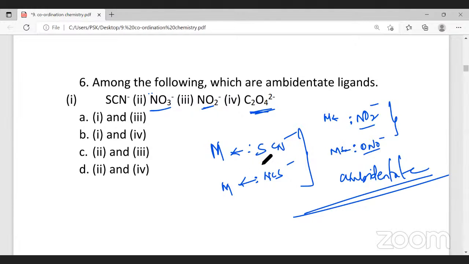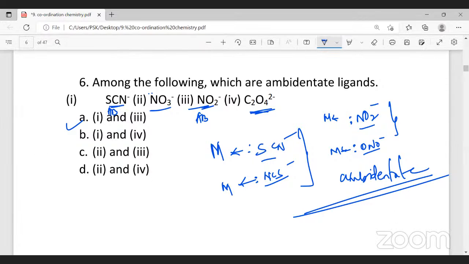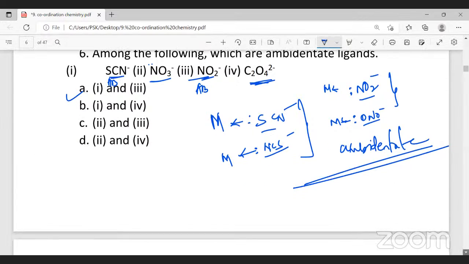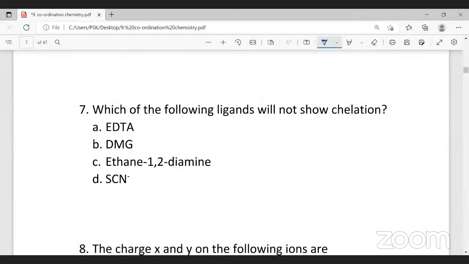But you can see the molecular formula for both of these is the same. Therefore, these two are called ambidentate ligands. Hence, the answer for this question is option A, 1 and 3. This and this are ambidentate ligands. Followed? Yes, sir. The next question.